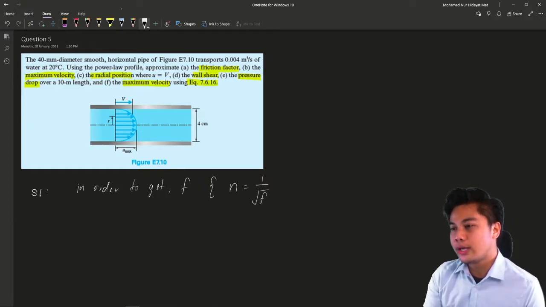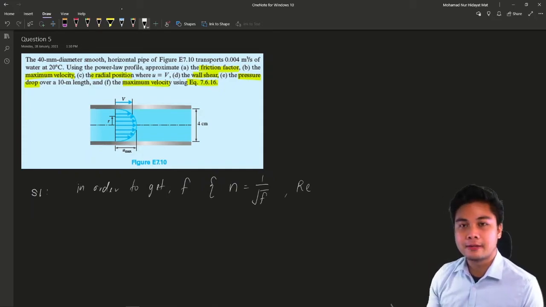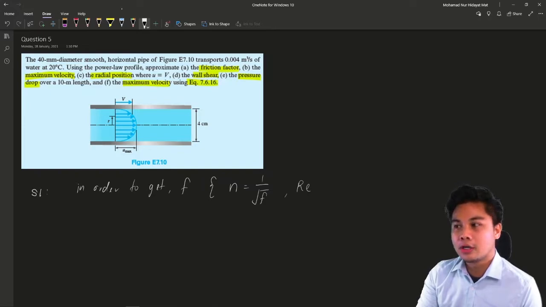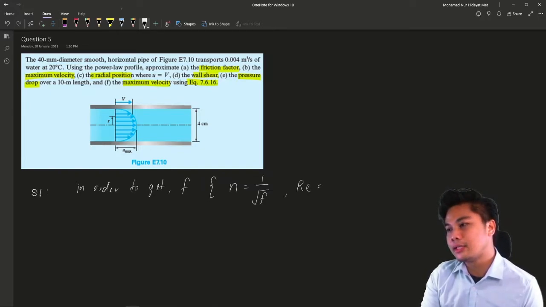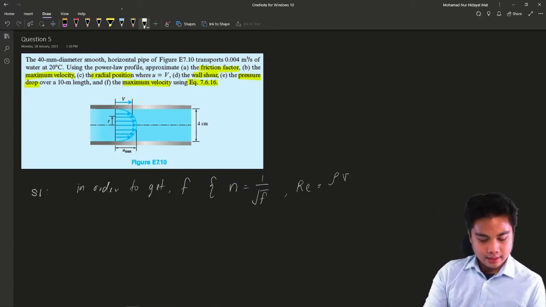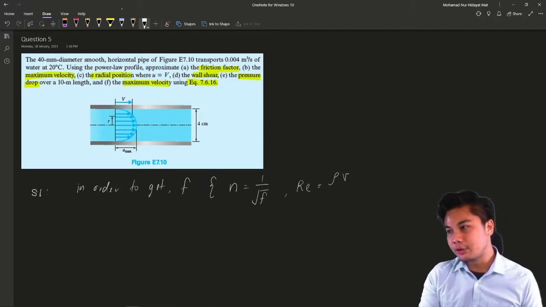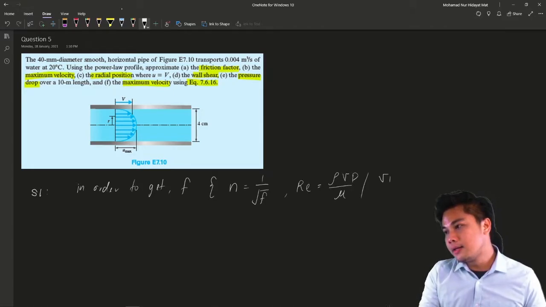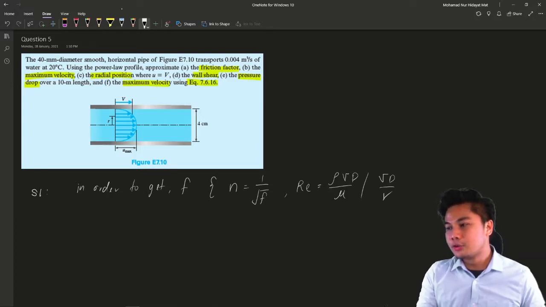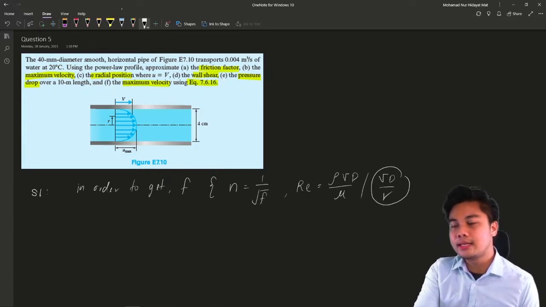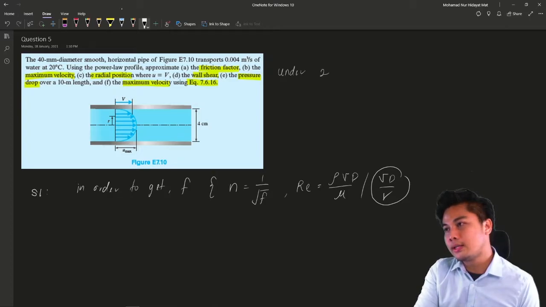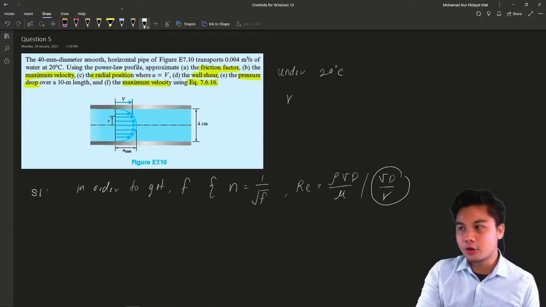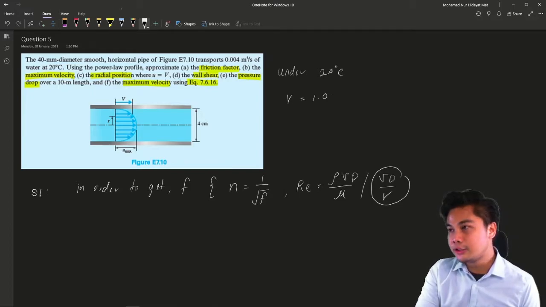But in order to get the power law n, we need the Reynolds number, because from the Reynolds number, referring to table 7.1, we can directly get n. The Reynolds number is rho V d over mu, or V d over nu. Since the fluid is water at 20 degrees Celsius, we can get nu directly, which is 1.007 multiplied by 10 to the power of negative 6.